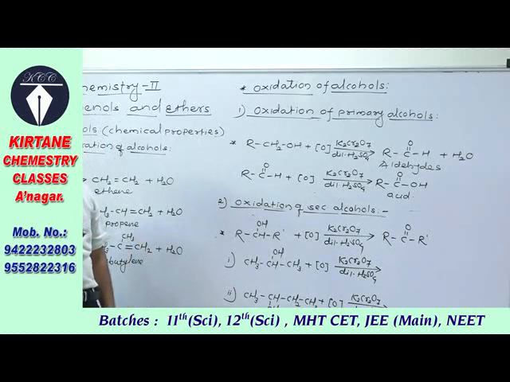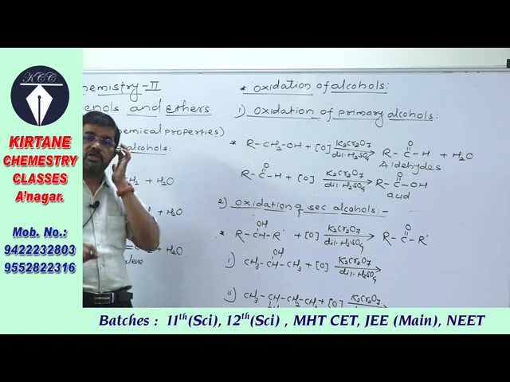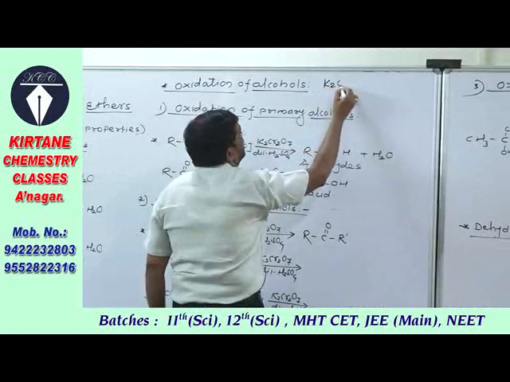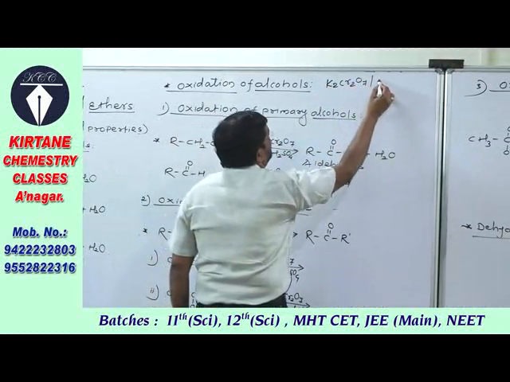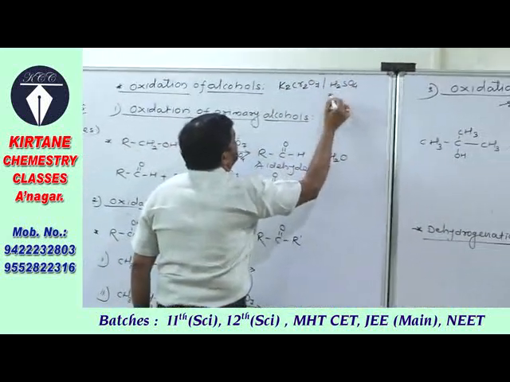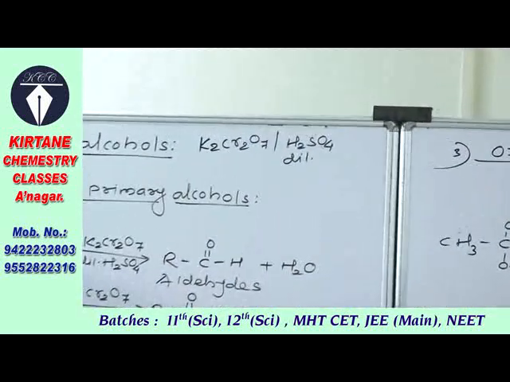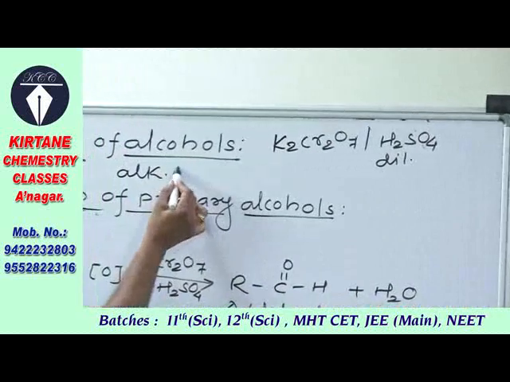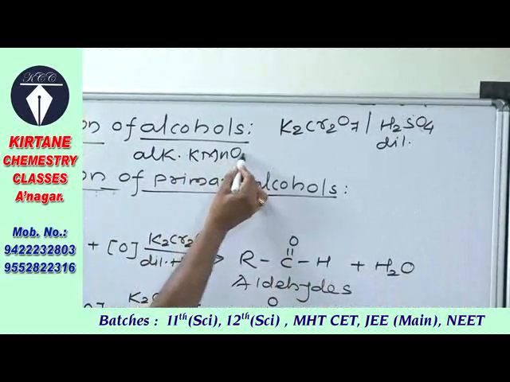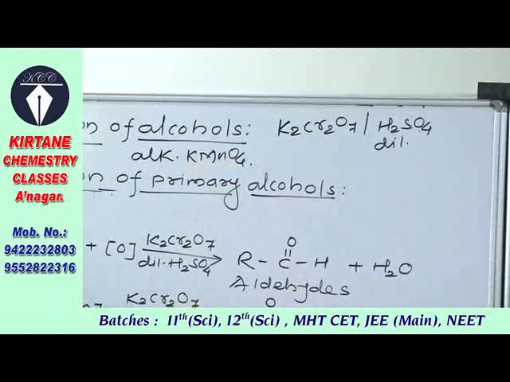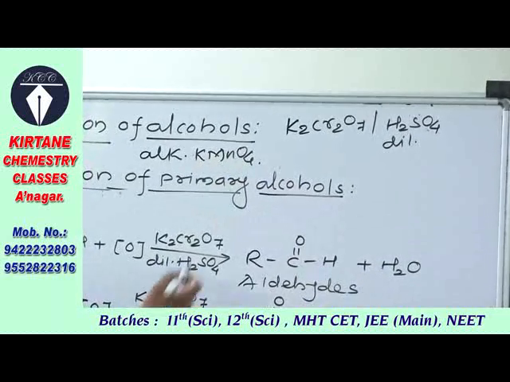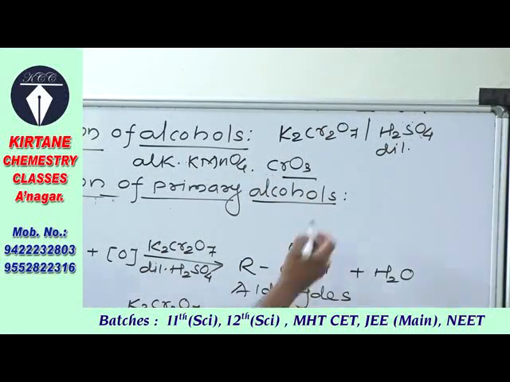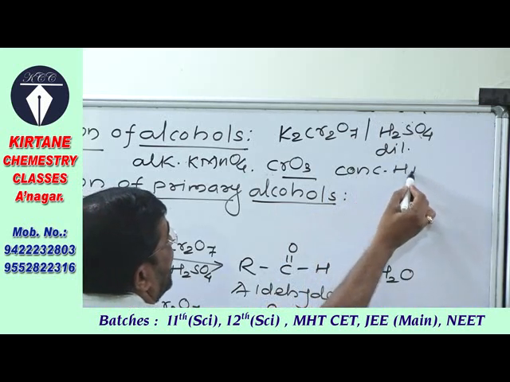Oxidation of alcohol is the reaction in which alcohols are oxidized by using acidified potassium dichromate, that is K2Cr2O7 in the presence of dilute H2SO4, or we can use other oxidizing agents like alkaline potassium permanganate KMnO4, or also chromic oxide, that is CrO3, or concentrated nitric acid.